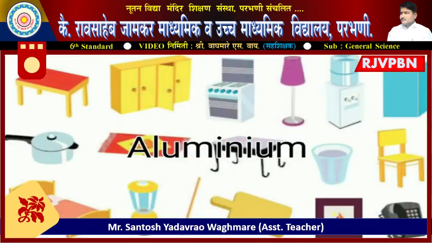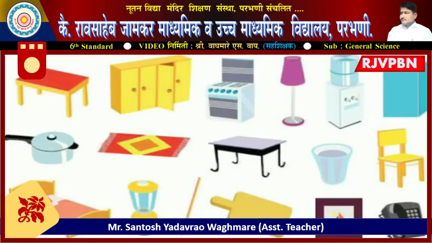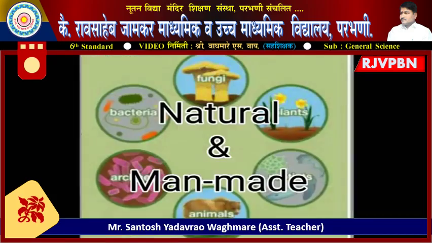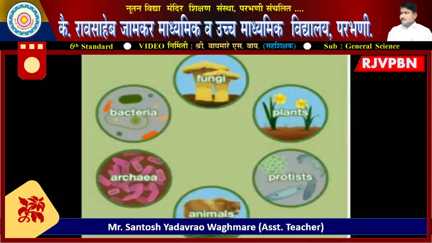The substances in everyday use are of two main kinds: natural and man-made substances. Natural substances. Substances available in nature are called natural substances. Of these, the substances of the first group are obtained from living things.